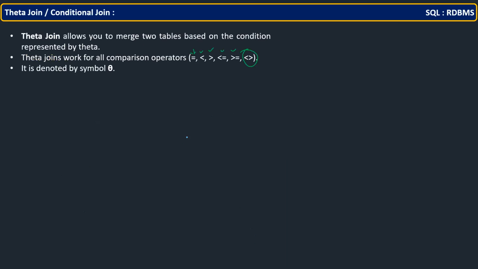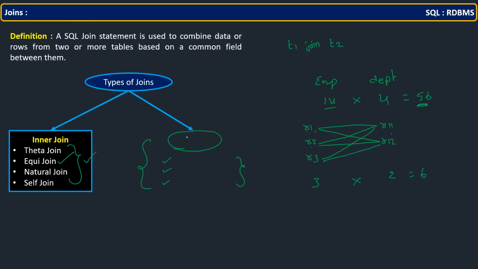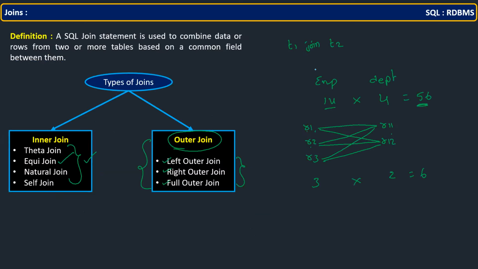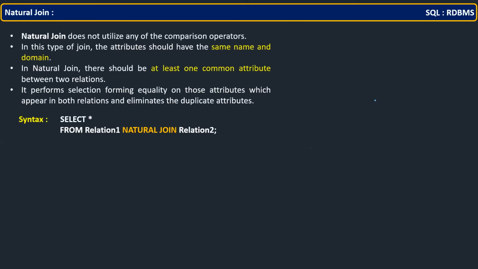One table has 14 records, another table has 4 records. When you simply join them, that means cross join, number of records in the first table into number of records in the second table. All these things you must know clearly. Is it clear?